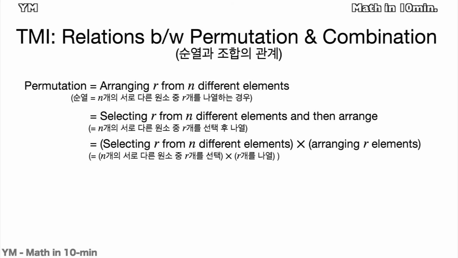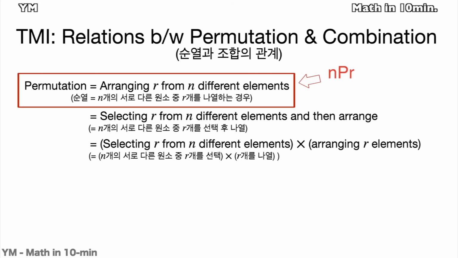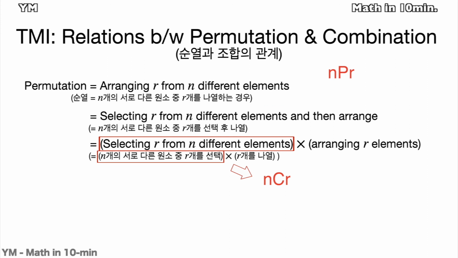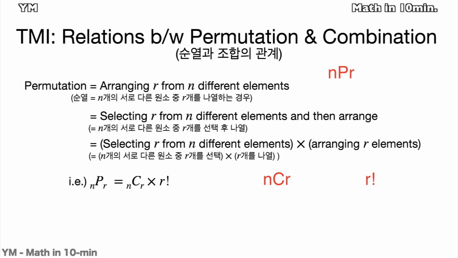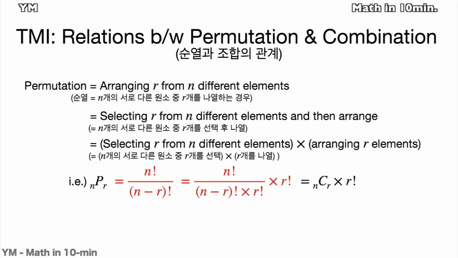At this point, this part is equal to n permute r, this part is equal to n choose r, and this part is r factorial. That is, n permute r is equal to n choose r times r factorial. This can also be proven in the formula like this.